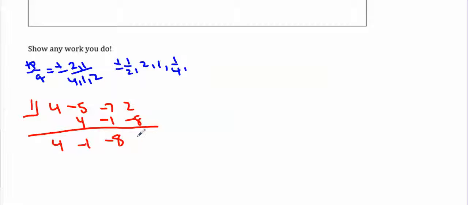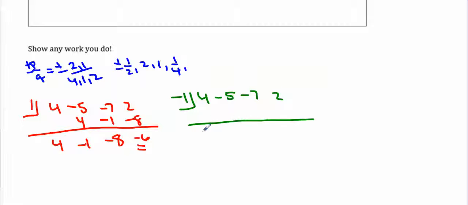Nope, -8, so that would be -6. I have a remainder, so that is not a 0. So let's try -1 then. If I try -1, I have 4, -5, -7, and 2. So I have 4, -4, -9, +9, 2, -2, 0. So yay, the remainder is 0.